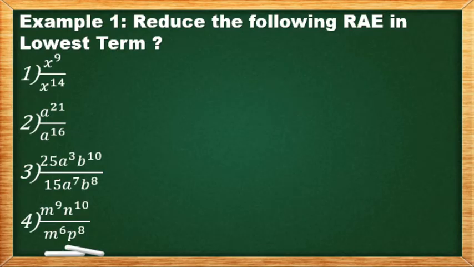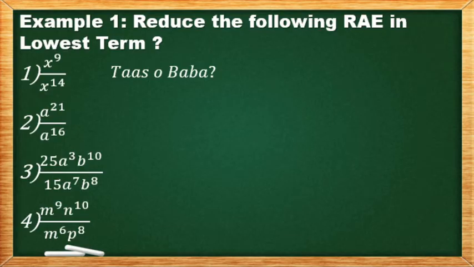First step, dapat ba magkaparehas ang base? Yes. Since they are the same base, next naman, aalamin natin kung sino may mas malaking exponent. Yung 9 ba o yung 14? Alamin natin kung saan magiging position ng x. Taas baba. Saan ang pinakamataas na exponent? Yes, in the denominator. Meron tayong x raised to 14.